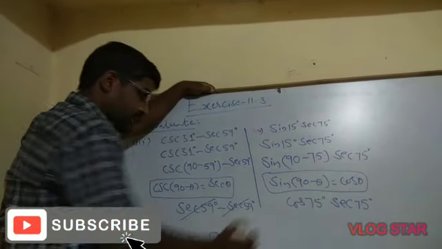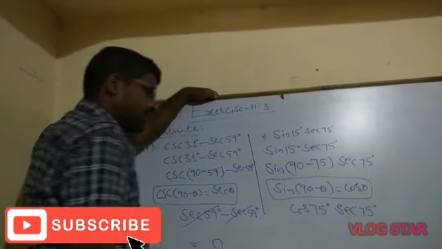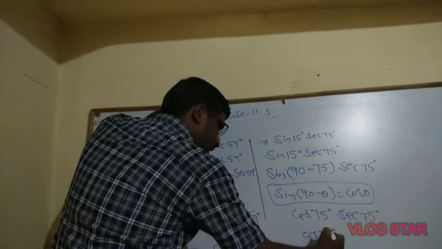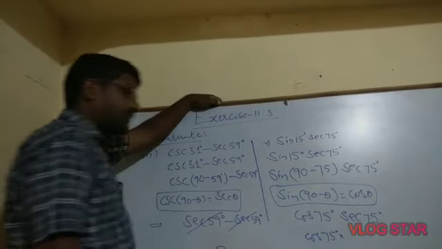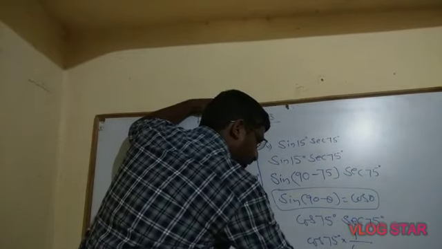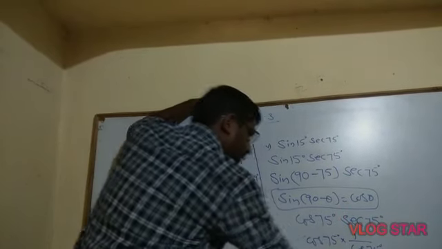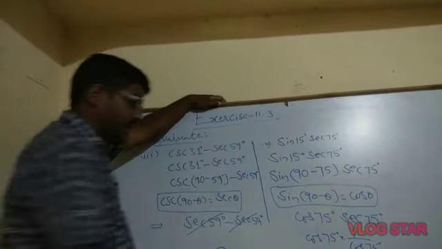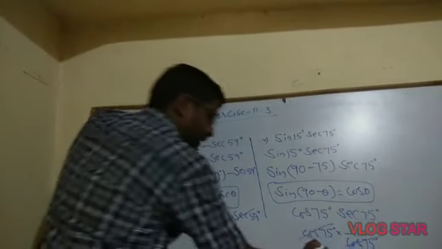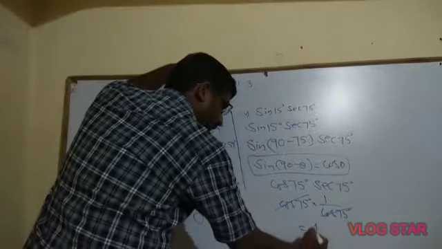So just write 75 only. You can write the multiplicative inverse of sec as cos, that's why you can write 1 by cos 75 degrees. So cos 75 and cos 75 cancel. The remaining 1 is the answer.